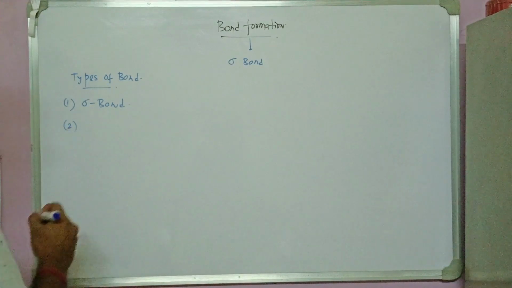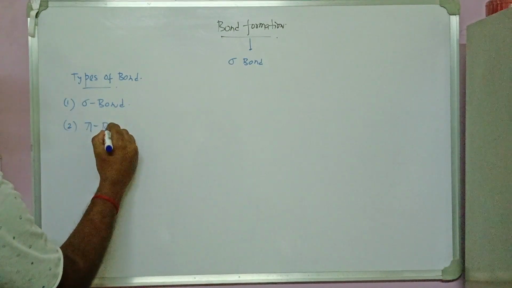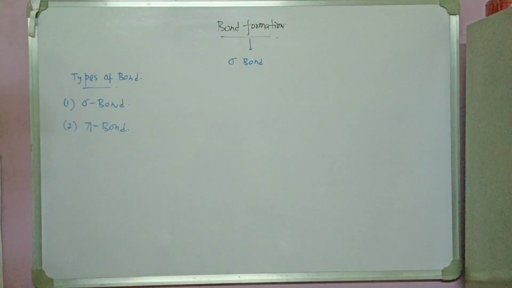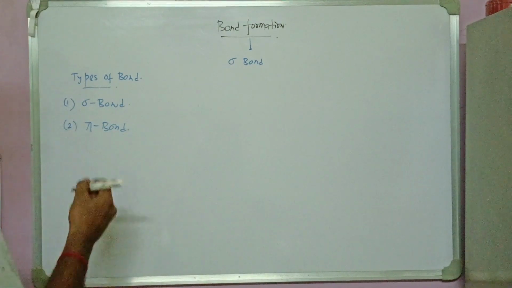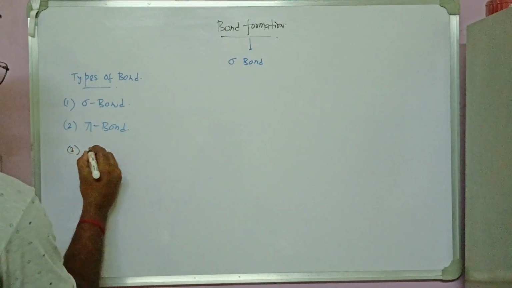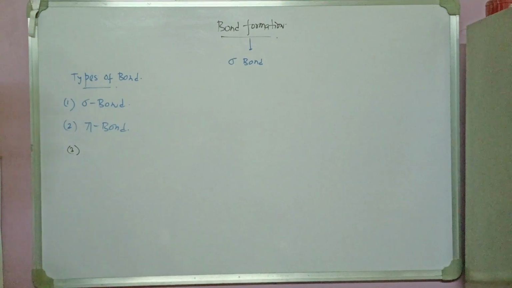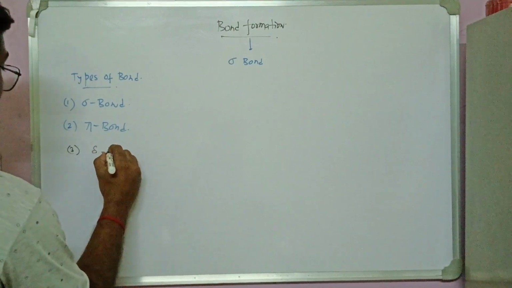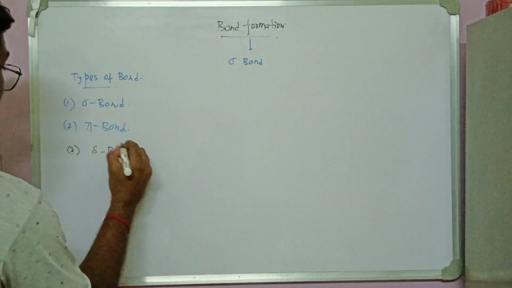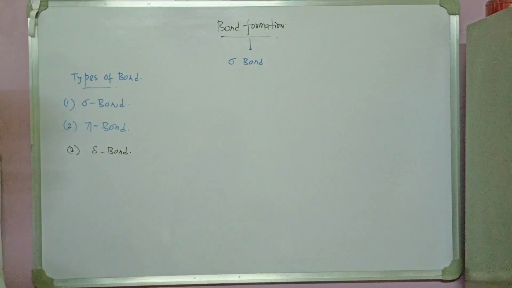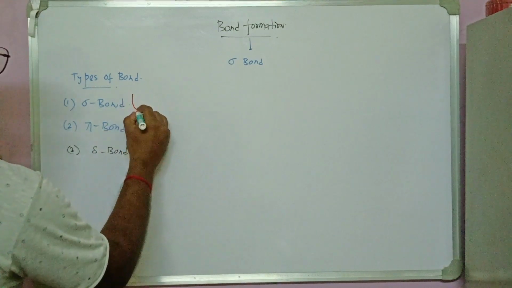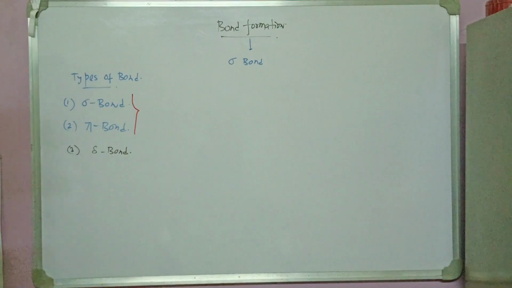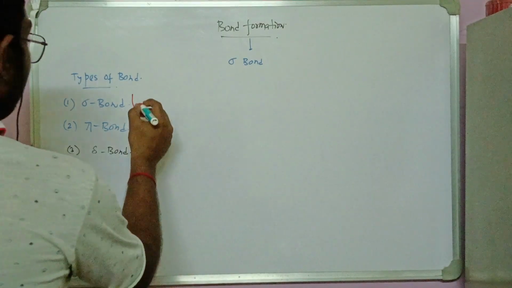The second type of bond is the pi bond. A third type of bond is also there, but it is not required for this course, that is the delta bond. So we will mainly focus on these two bonds, sigma bond and pi bond, and how they form. Basically, sigma bond formation requires one lobe interaction.